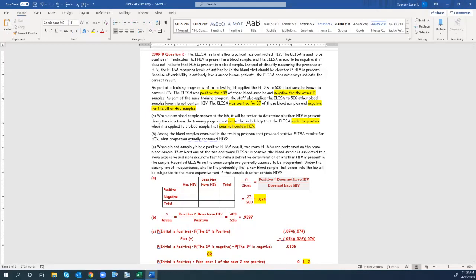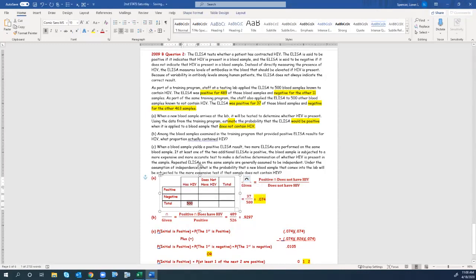Well, truthfully, that can actually be a little bit overwhelming trying to chase those numbers down from there. So let's look at what would have happened if I would have made a table. If I made a table, they go, well, applied to 500 samples known to have HIV. So right here we have 500 known to have HIV. The ELISA was positive for 489 of those samples and negative for the other 11.